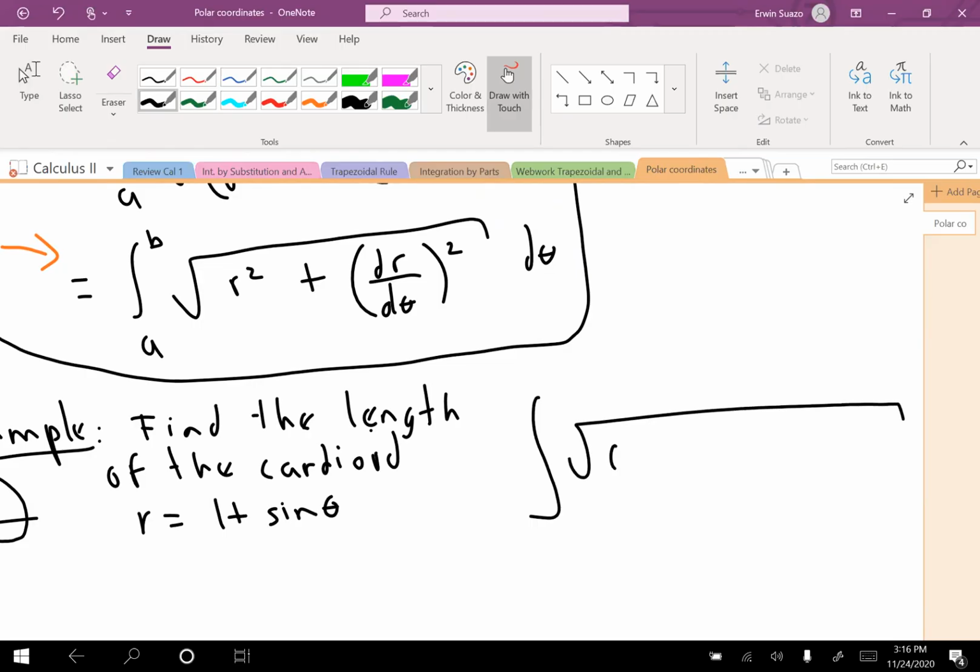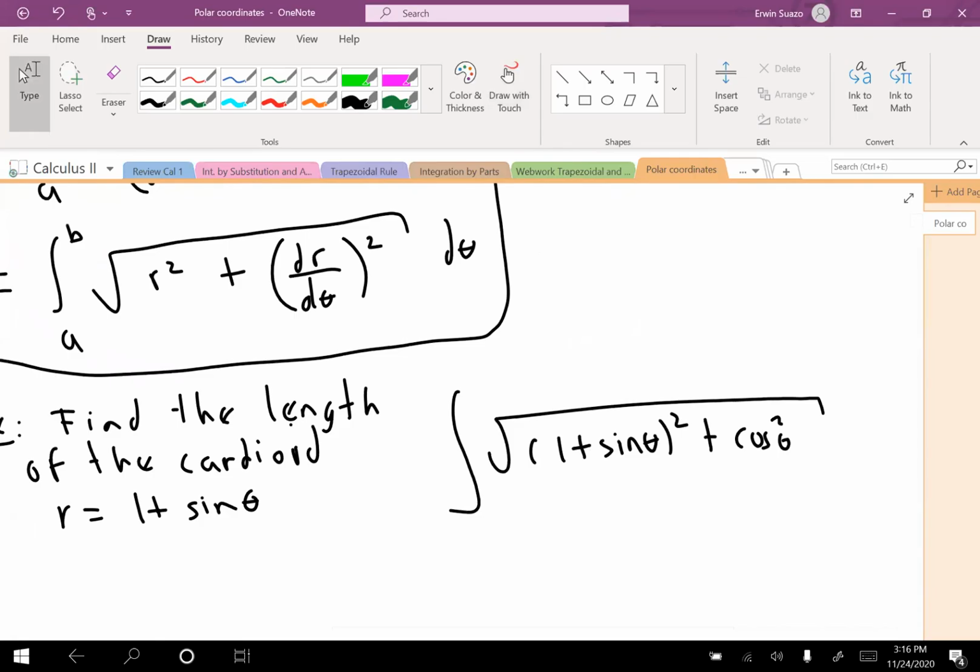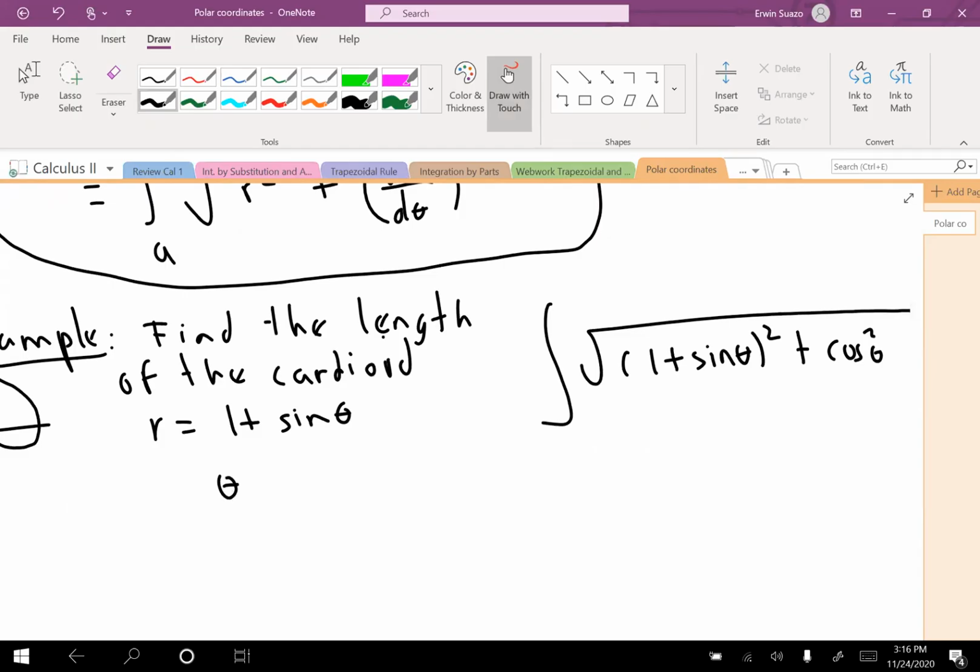So you have 1 plus sine of theta squared plus the derivative of r with respect to theta, which is cosine. So that will be cosine of theta squared d theta. And this cardioid is between 0 and 2 pi. So theta is between 0 and 2 pi.